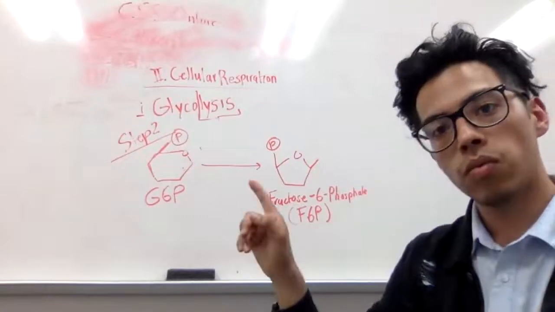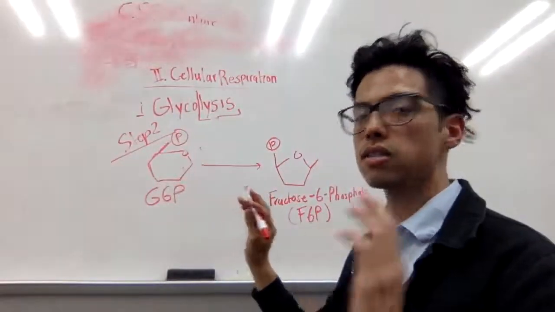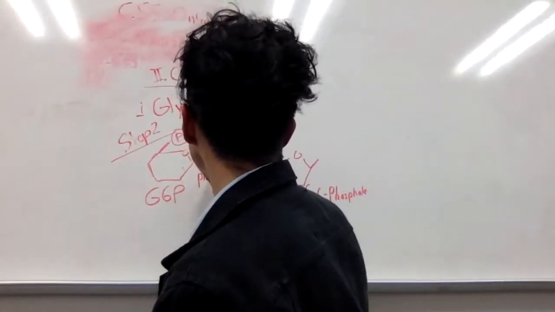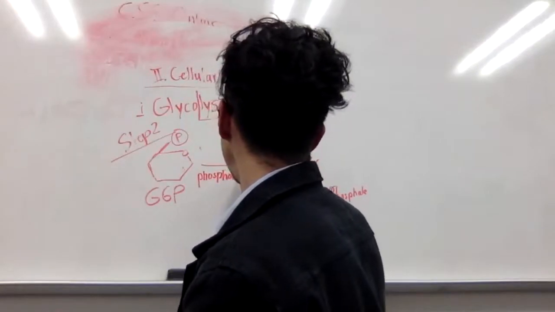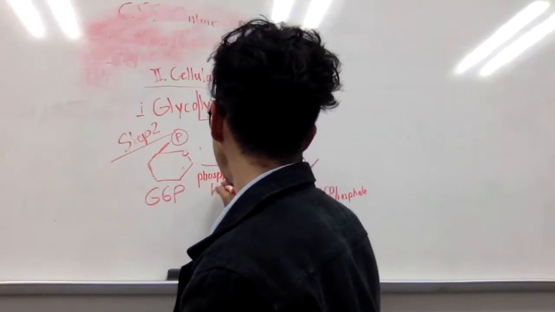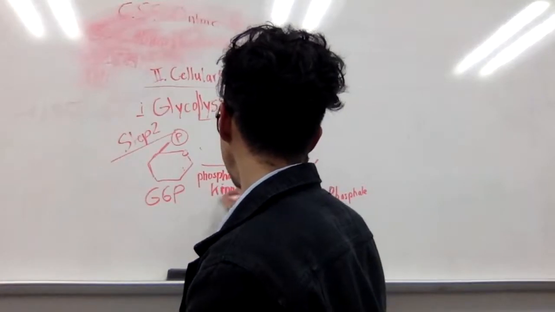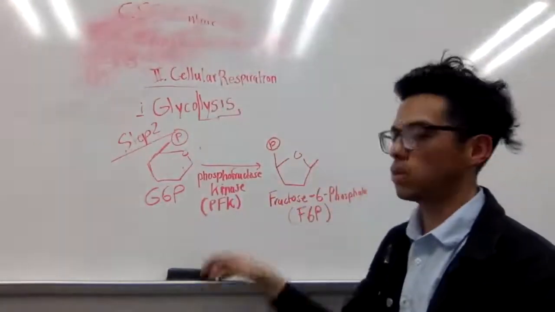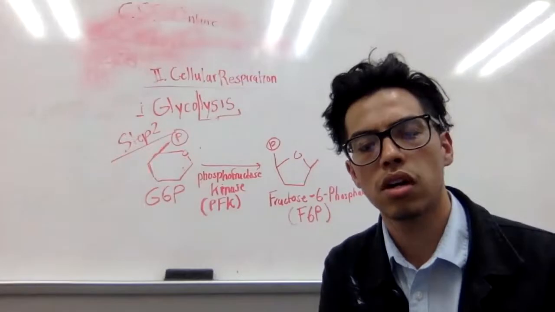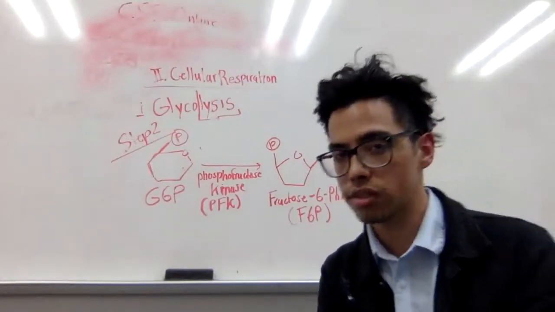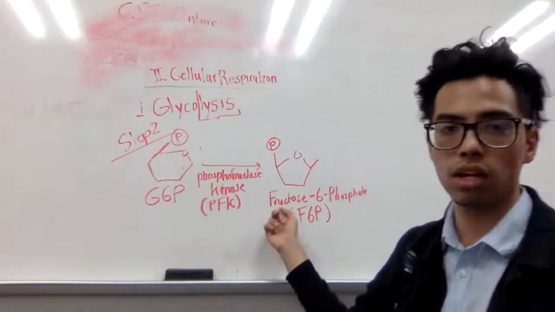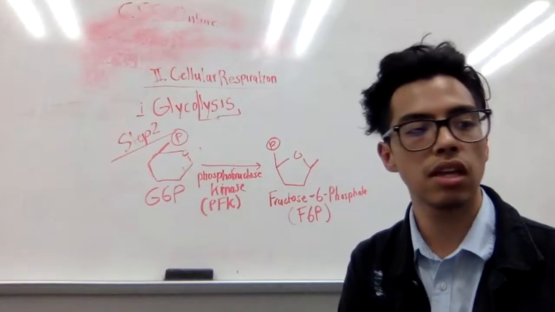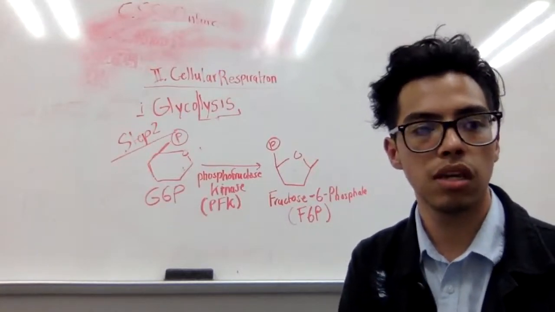The enzyme here, which you don't need to know, not like in step 1, is called phosphoglucose isomerase.